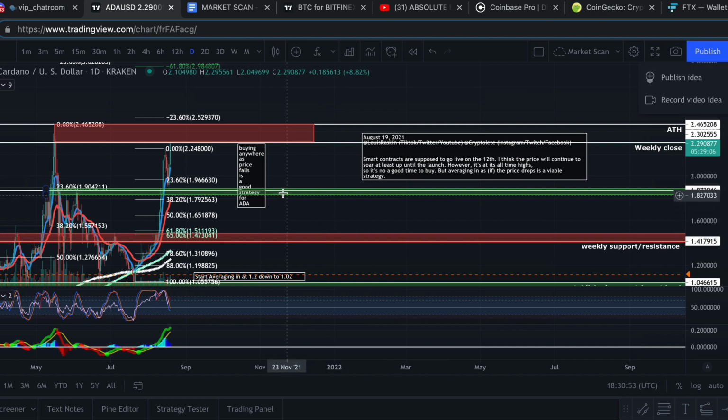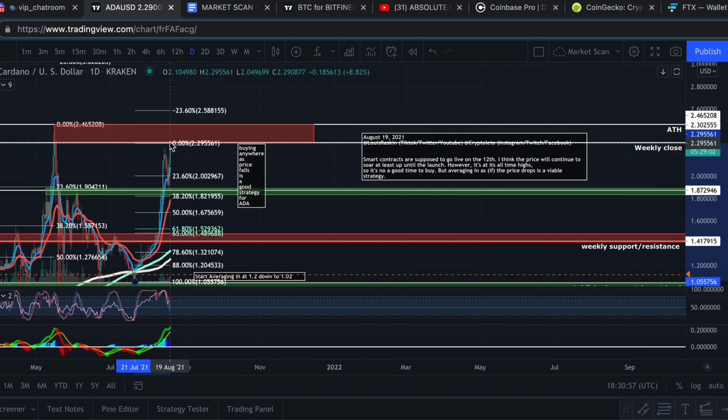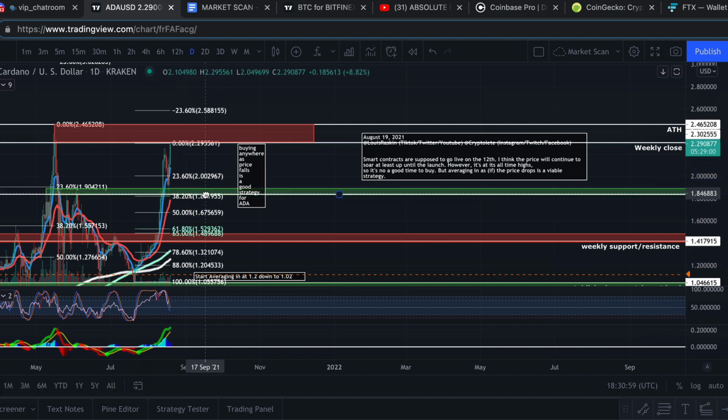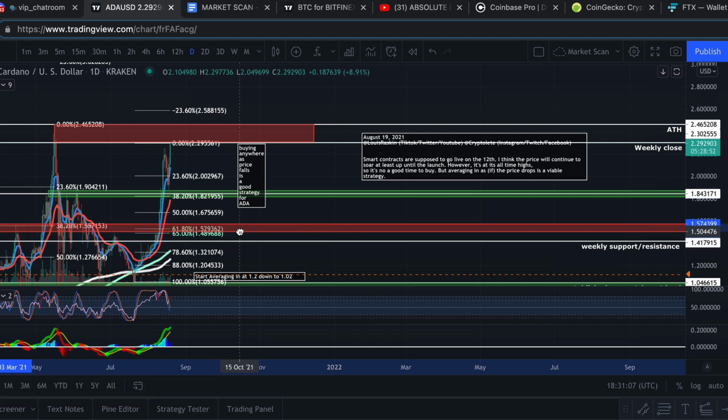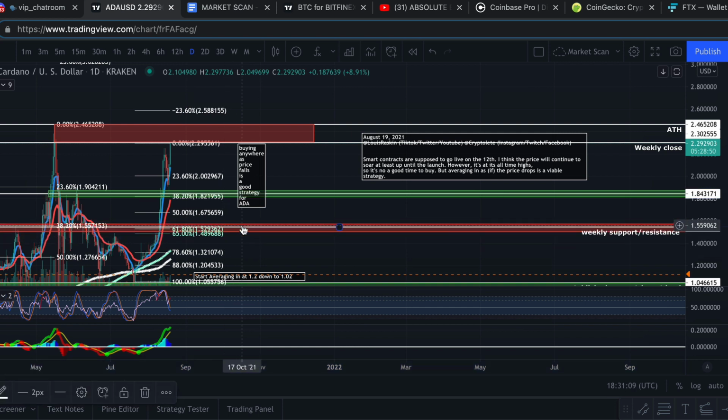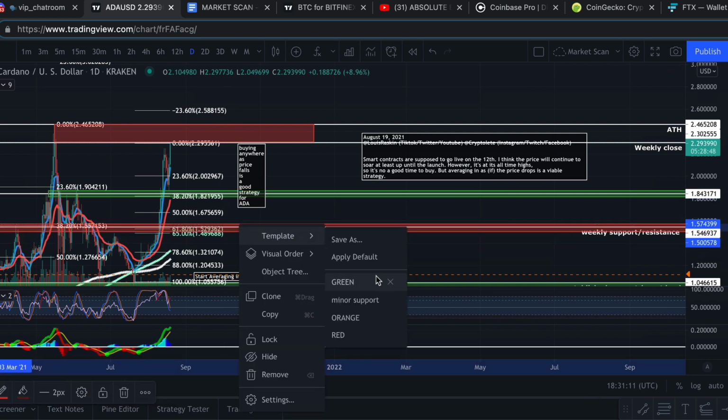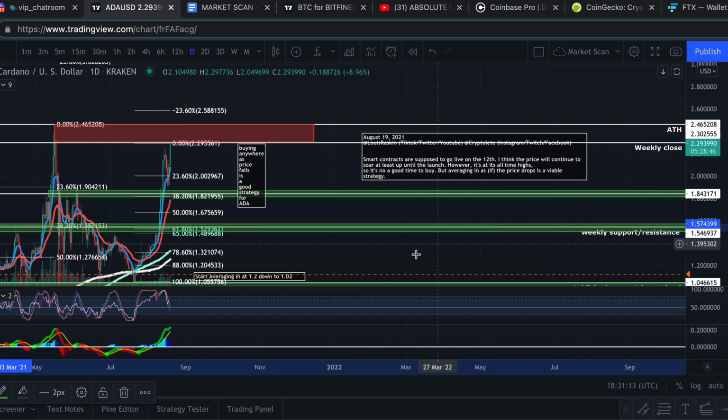And then if it comes down to the 38.2, let's say it comes down here, this would be where you go in much heavier, right here. I really don't think that it'll reach the 61.8, but we will make that green just in case. And yeah, that's the case for Cardano.